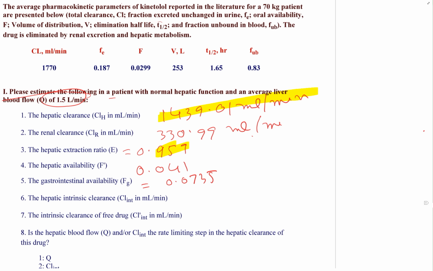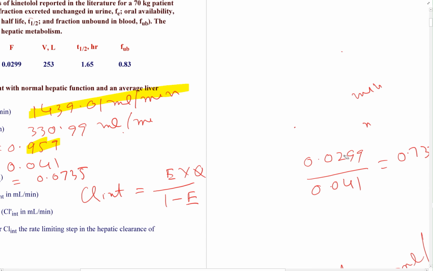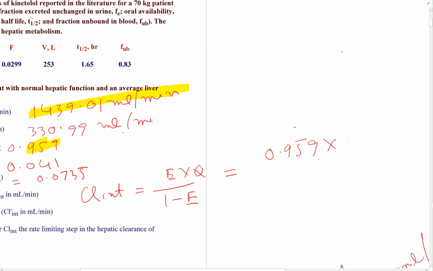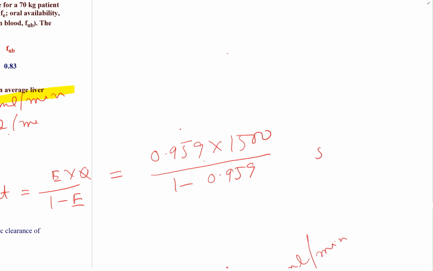So for hepatic intrinsic clearance, we will use this equation: CLINT is equal to E times Q divided by 1 minus E. That means we will use E, which we know is 0.959, times Q, the blood flow of 1500 milliliter per minute, divided by 1 minus 0.959.